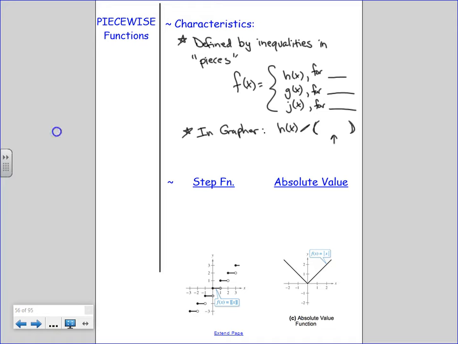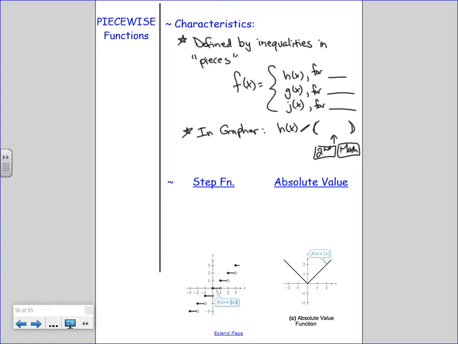We would need our second math menu to get our less thans, greater thans, etc. If it's a sandwiched inequality, just help me out real quick. We use the ands, we need to go over to the logic. No, the test, sorry. We need to go over one. So we need to split up any sandwiches we have. But that's in your Graphing Calculator Handbook. You guys have that. You don't need that from me.